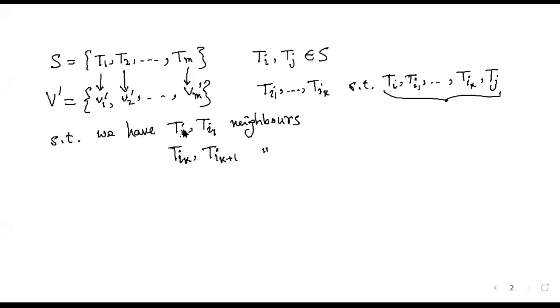So we have Ti and Ti1 neighbors, Tik and Tik plus 1 neighbors, for each k in the set. Sorry, I've used k here, I should use something else.